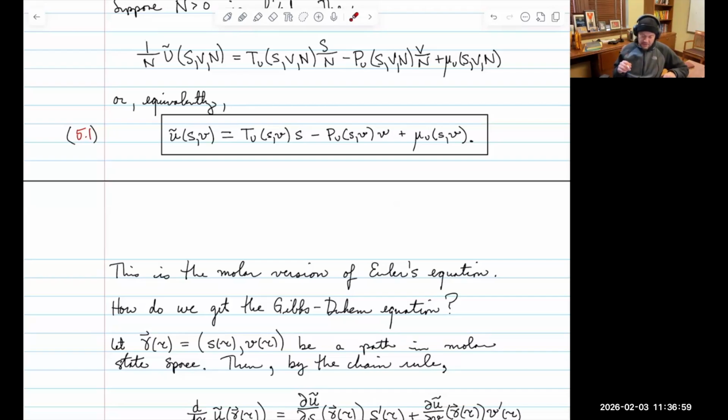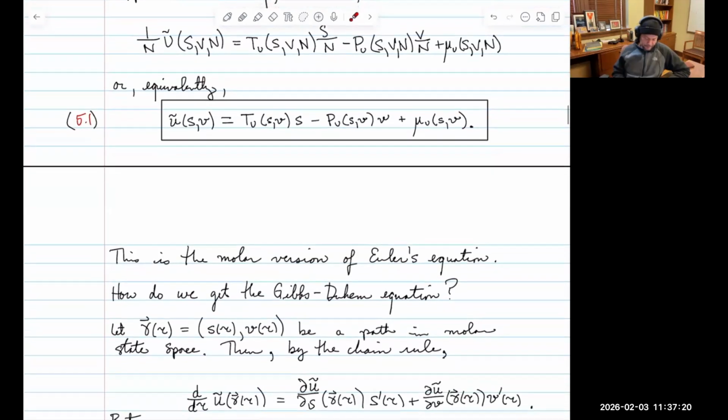We use the differential form of the first and second laws, and we subtract the two, and that gives us the Gibbs-Duhem equation. So we're going to try the same exact procedure, but using the molar forms. That means we need a molar version of the first and second laws of thermodynamics, also called the Gibbs relation.